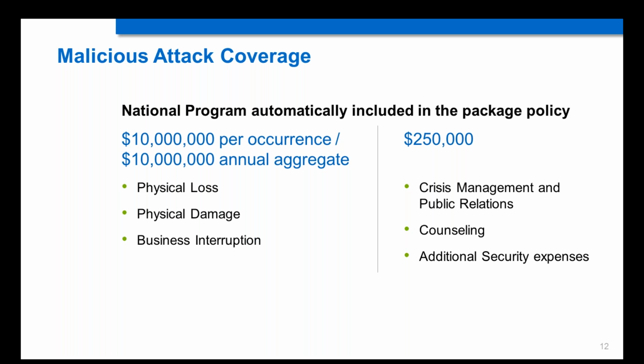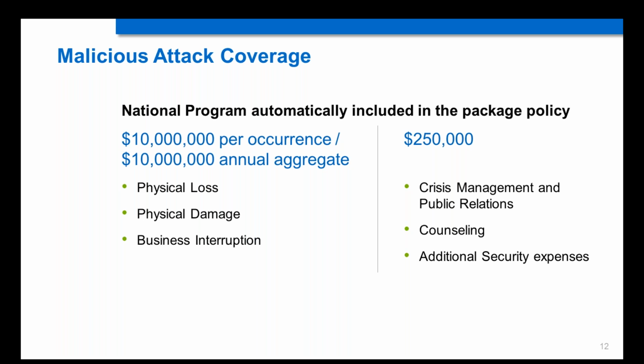There's no revenue being derived from the school, for example. You lose some income. Even though it didn't happen at your facility, the policy would pay toward that business interruption. So that's unique in that it's covering an event that didn't necessarily impact you directly, but indirectly impacted you. So it's an important aspect.